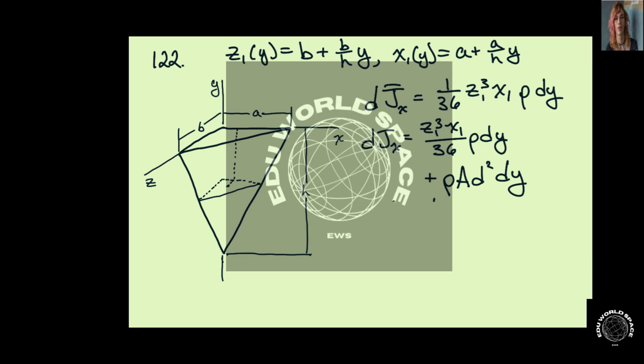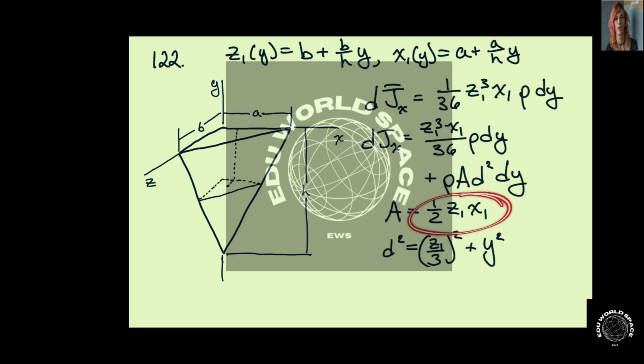And so we have the mass is rho A. And then d squared is the distance from the centroid of the differential triangle that we're looking at to the x-axis. A is obviously a function of y, where we are, so that's 1/2 z1 times x1.